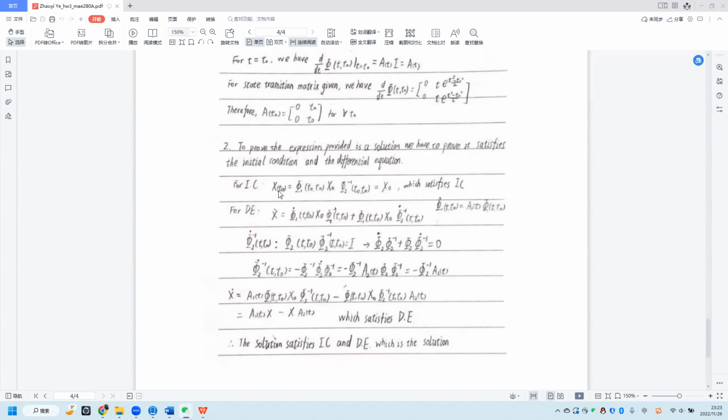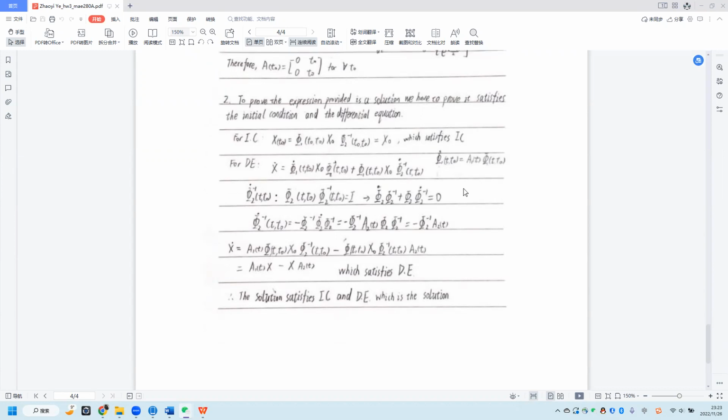For the initial condition, we apply t0 for t in the expression for X. Phi1(t0, t0) is I, and phi2(t0, t0) inverse is also I. In the middle there is X0. So X(t0) is equal to X0, which satisfies the initial condition.